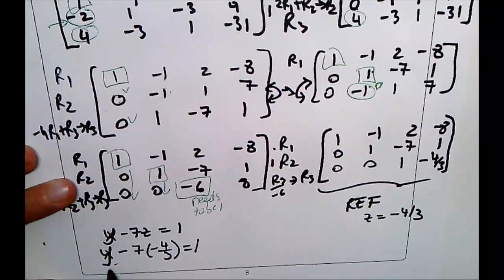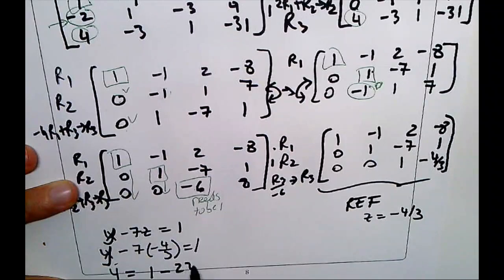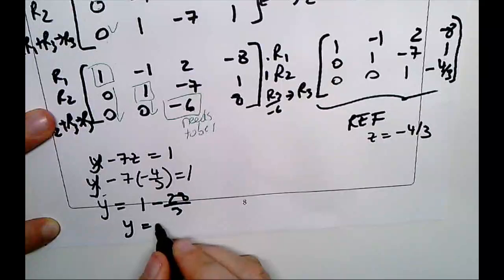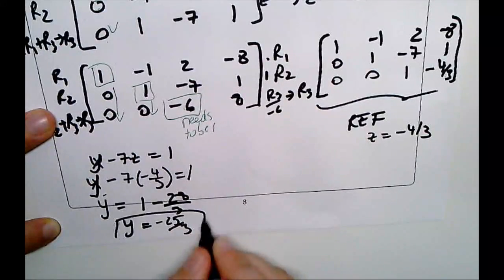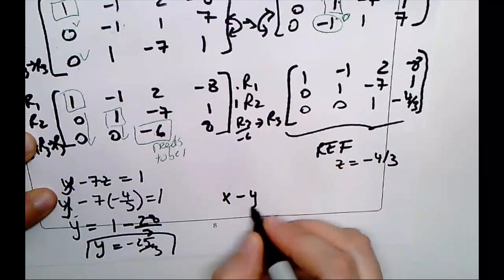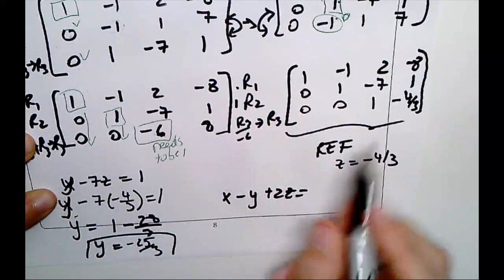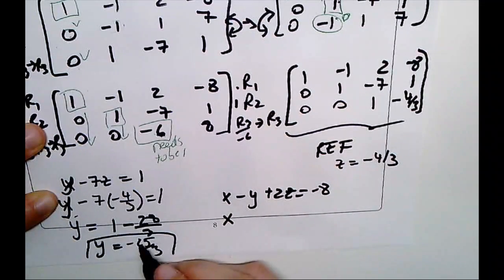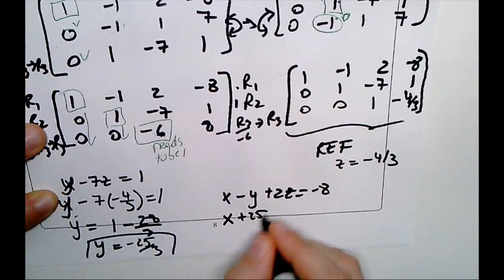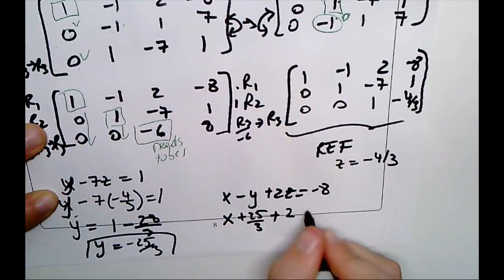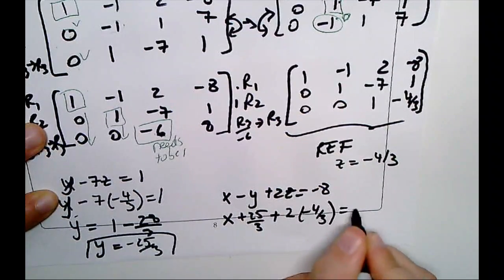This gives me y equals 1 minus 28/3, which gives me y equals -25/3. And then from the first one, I get x minus y plus 2z equals -8. So x minus y, but y is -25/3, so x plus 25/3 plus 2 times z, which is -4/3, equals -8.